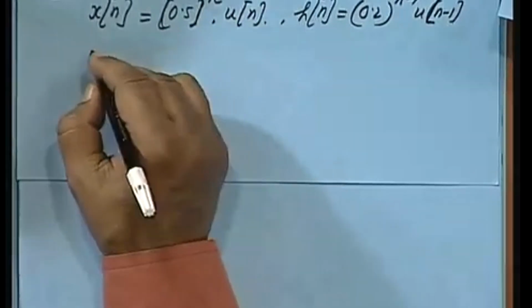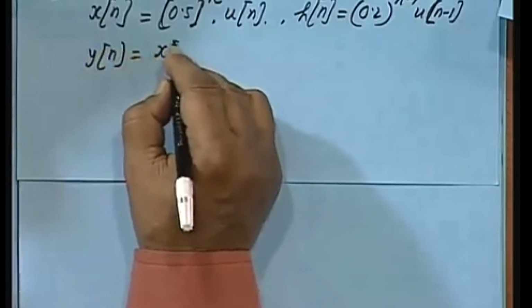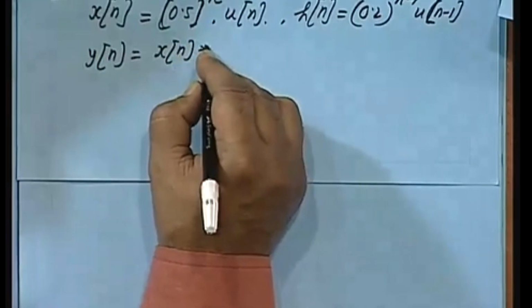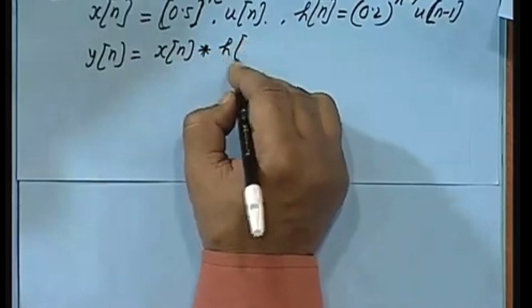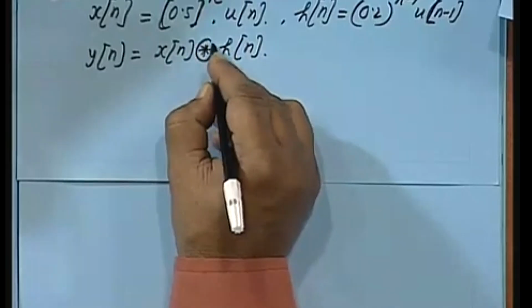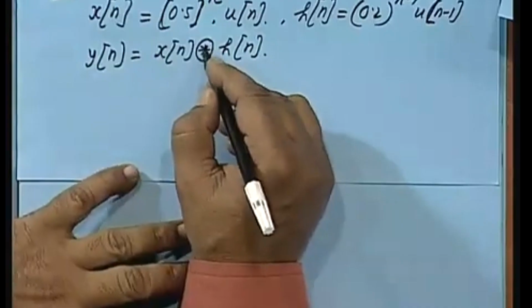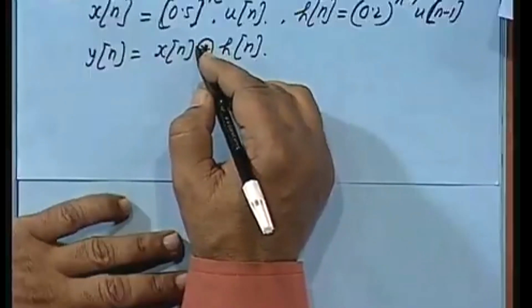What will be y n, which is the convolution of x n and h n? Sometimes we use a circle around the star for denoting convolution, because star is quite often used for complex sequences, also complex conjugates. So, to avoid confusions, we use this.